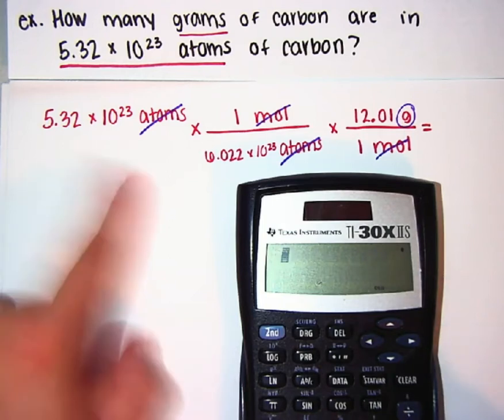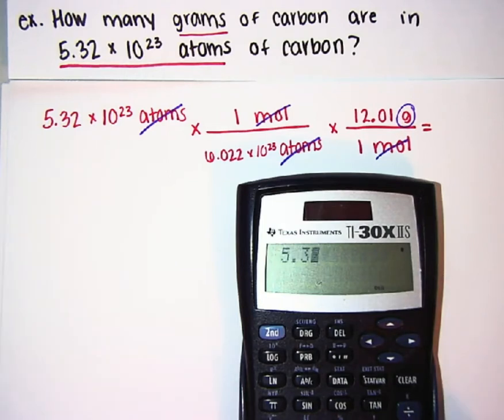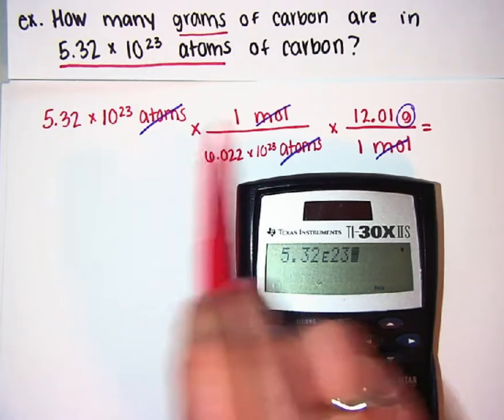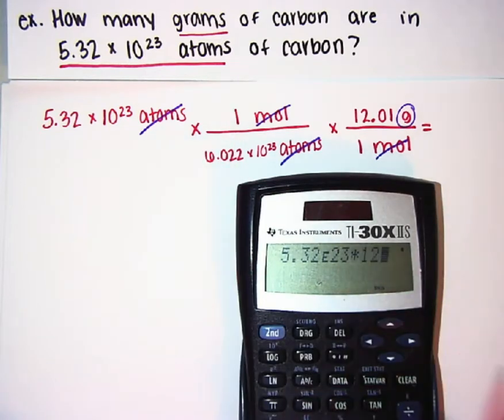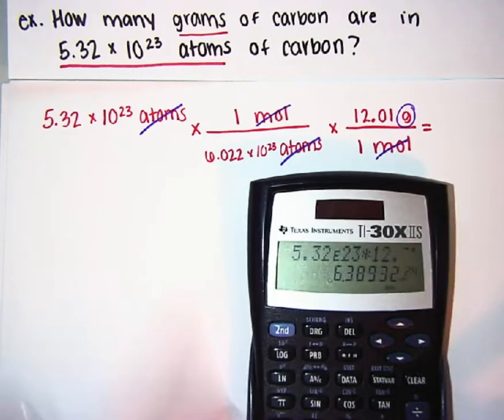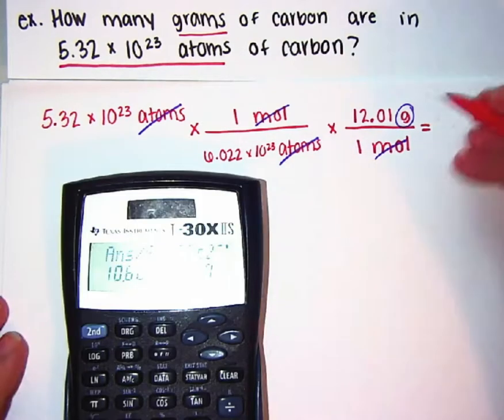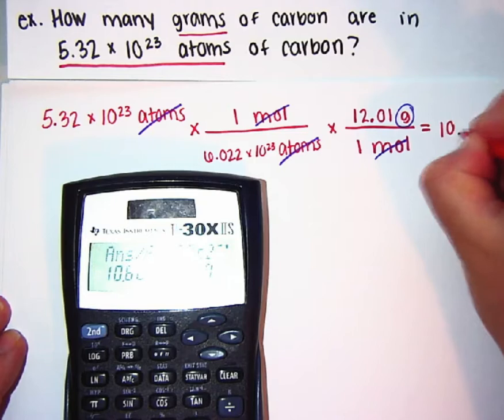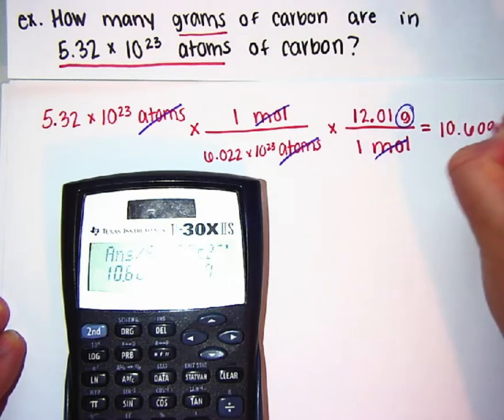So again, multiply across the top, 5.32 times 10 to the 23rd times 1 times 12.01. And then we are going to divide by what's on the bottom. And I get 10.6099.